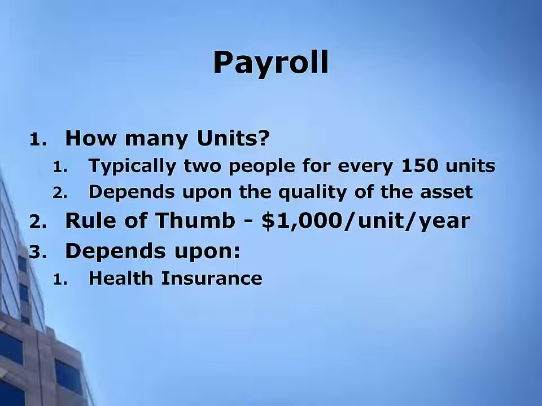When that happens, this rule of thumb is out the window. A lot of people are going to really start to make the decision whether they can afford to keep health insurance on for their people. And I'm telling you, it's going to be a huge problem for everybody.